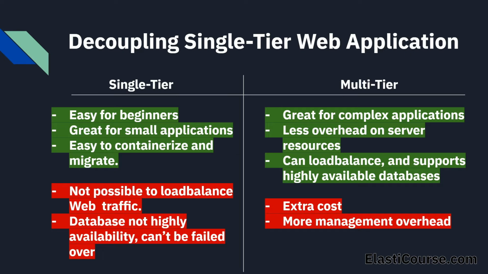On the other hand, we have multi-tier application architecture, where we can deploy our web server alone on one instance and create a different instance for our database. This architecture is perfect for complex applications that have a lot of load and a lot of visitors, and it puts less overhead on the server resources.